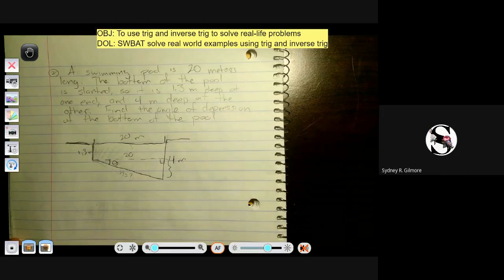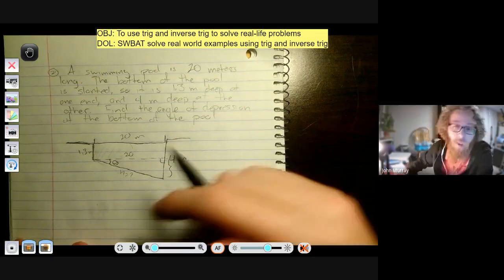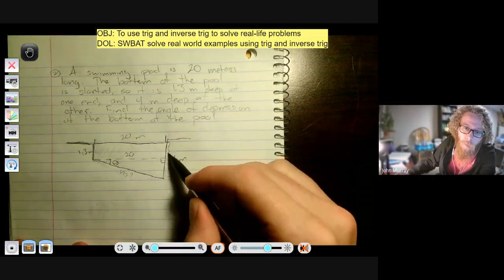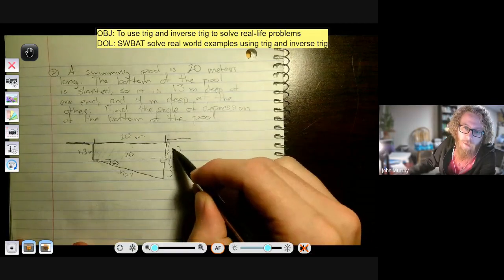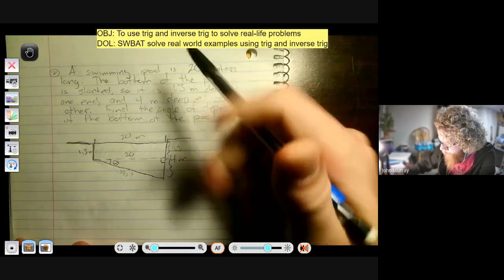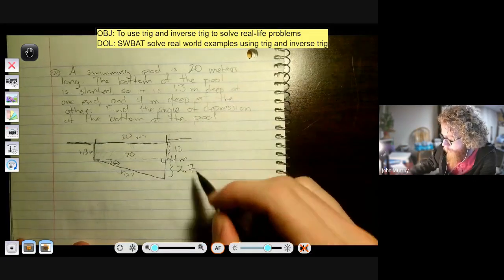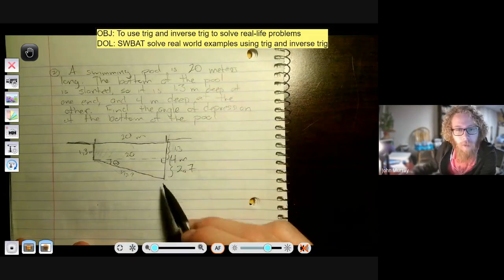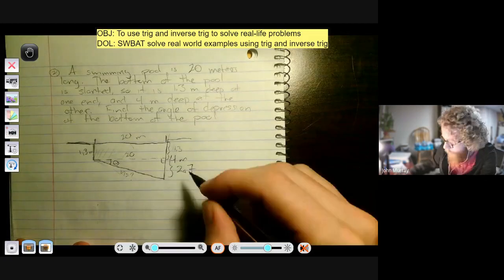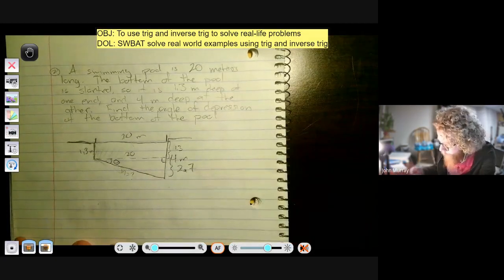Would you subtract 4 from 1.3? You got it, right? So we already know that this part up here is 1.3. Right, so I would subtract those and I would get 2.7. Okay, very good. That's a decimal.